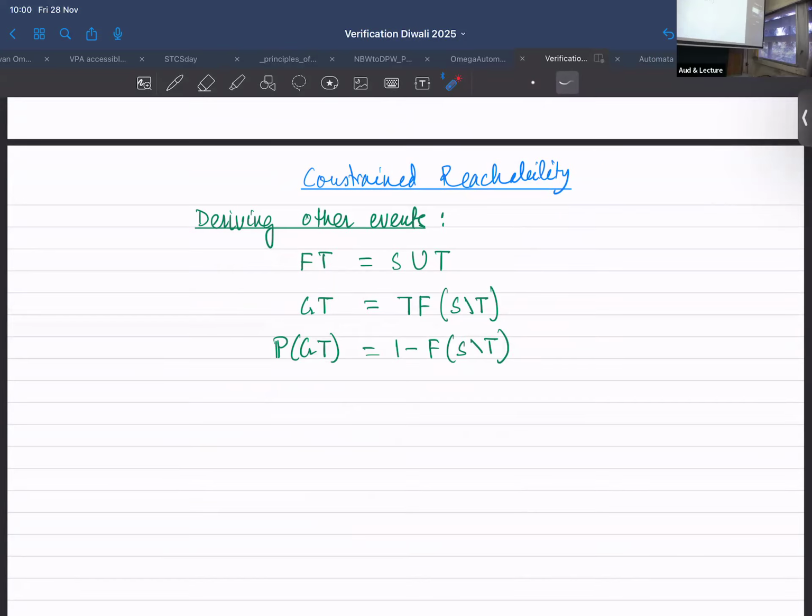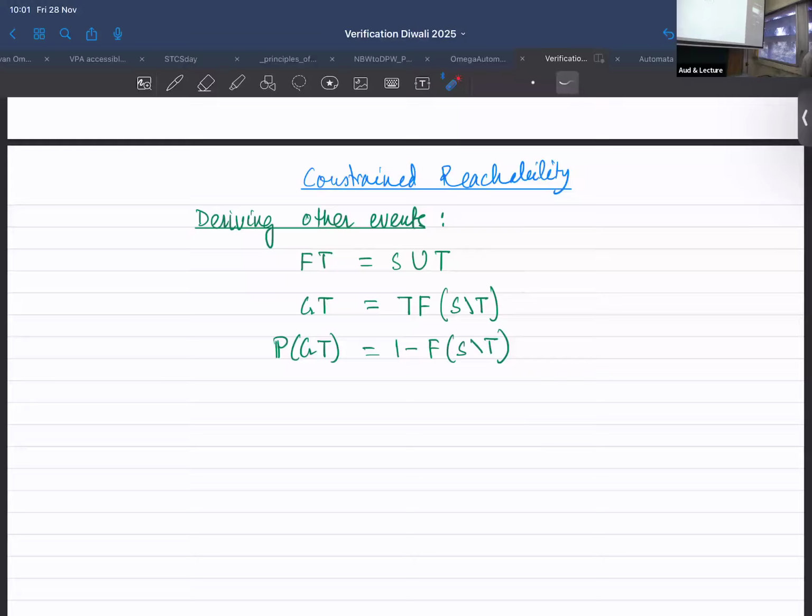When you talk about, for example, constraint reachability, you can also talk about other kinds of derived events. For example, eventuality is the same as true until t, where true is satisfied by all states. Globality is the case where it's not true that eventually you see something which is not in t.